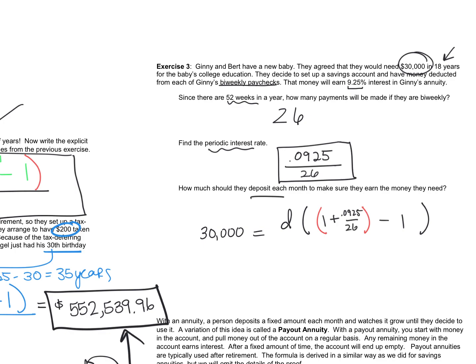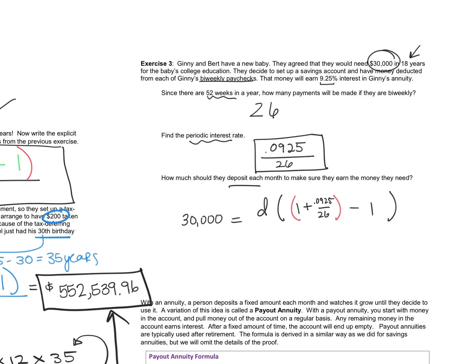And we're doing this for 18 years, so we're going to do it 18 years times those 26 compounds. That's how many times that it will compound over that whole time period. And then this is going to be all over the 0.0925 over 26.